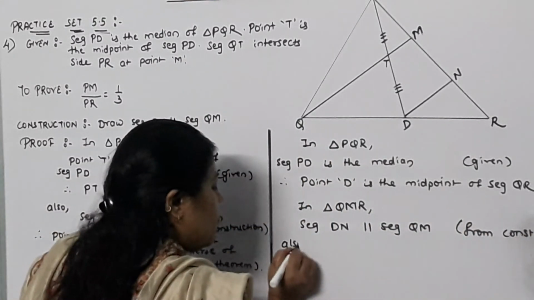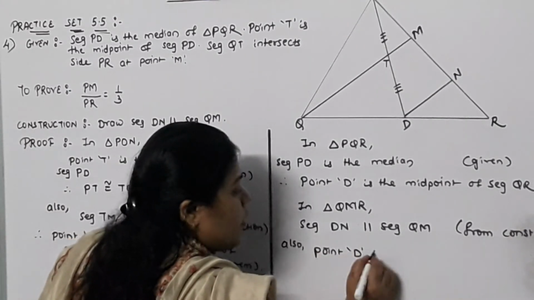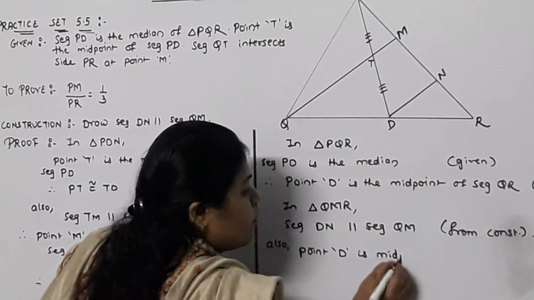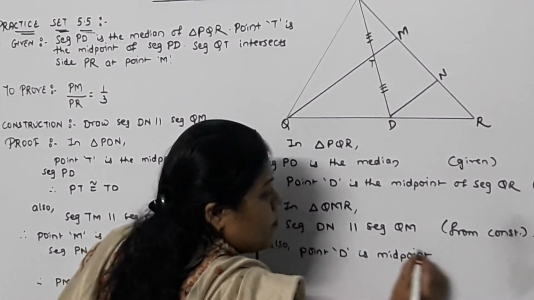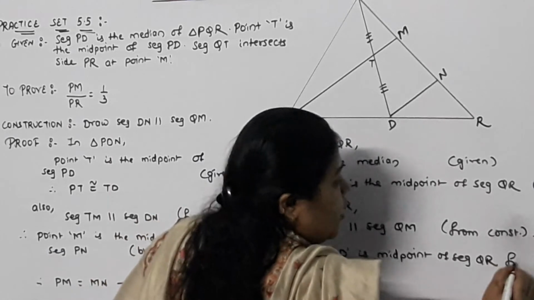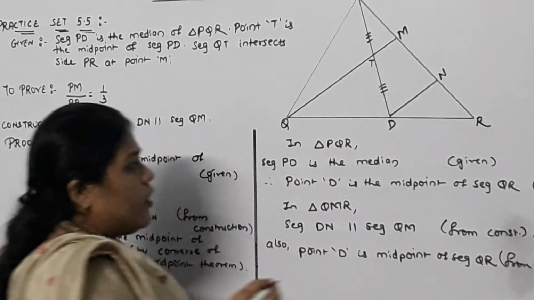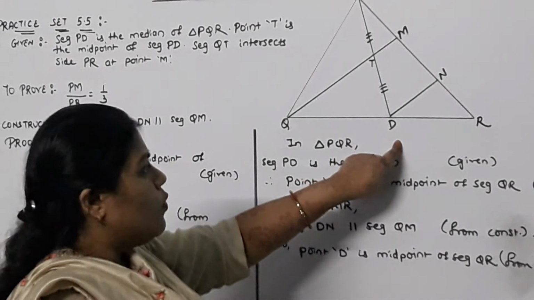Also, point D is midpoint of seg QR from equation 2.